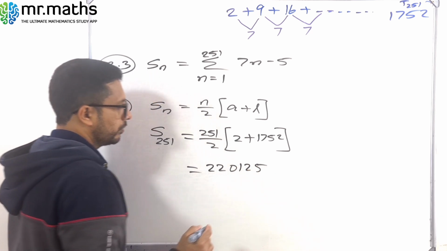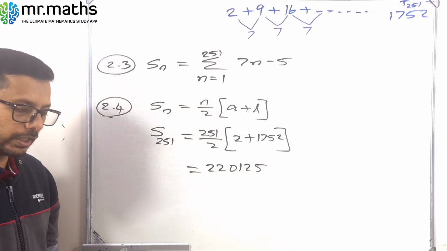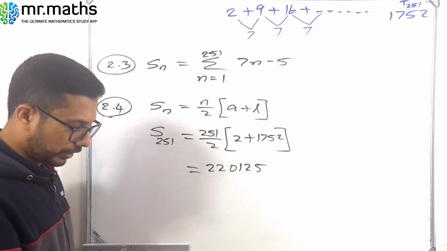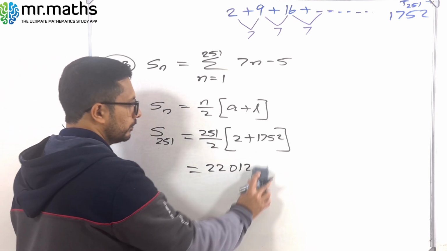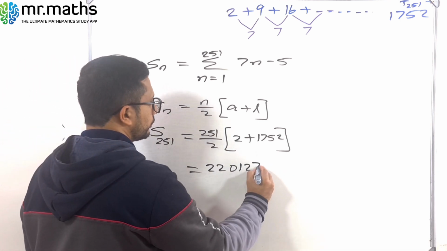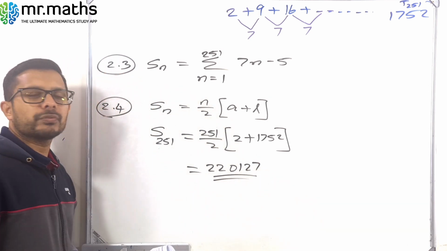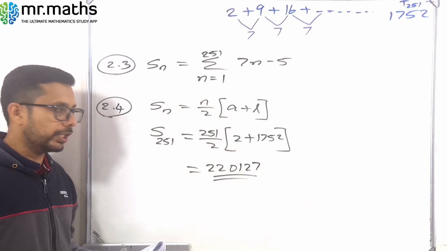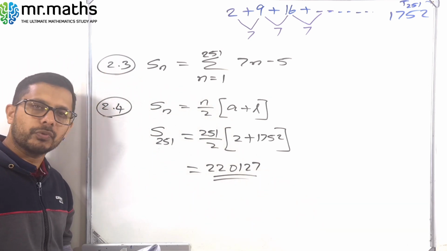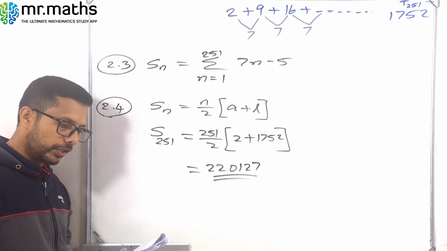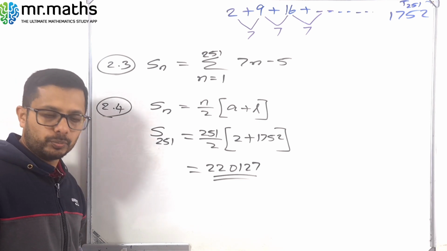It's not 22,... 220,127. Sorry. So the sum of the first 251 terms is 220,127. Okay, so that is question number 2.4.